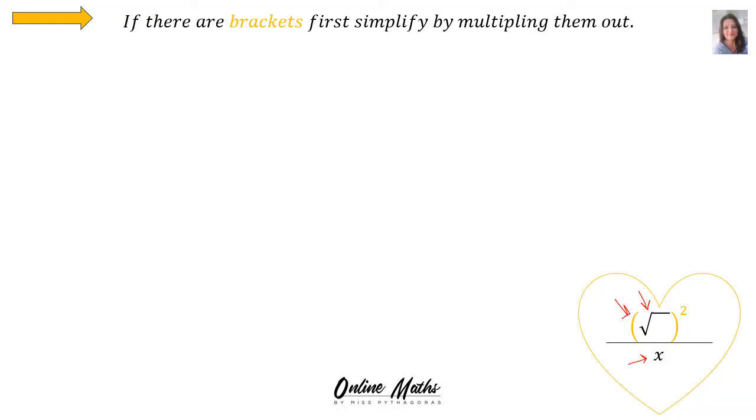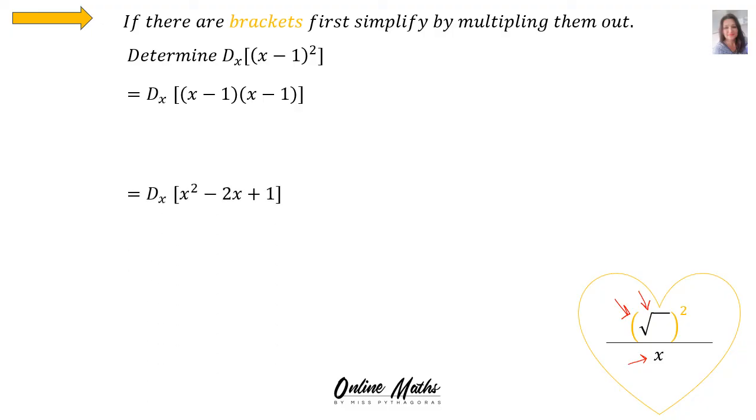And now if there are brackets, you have to multiply them out. Determine the derivative, and then I give you bracket x minus 1 squared. So first of all, you have to write that bracket twice, x minus 1, and you can FOIL it out and it becomes x squared minus 2x plus 1.